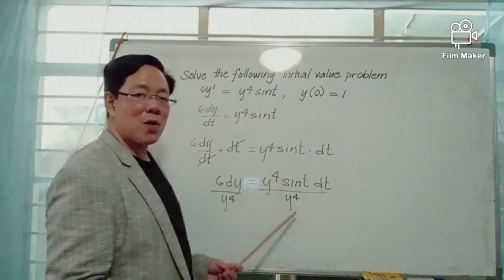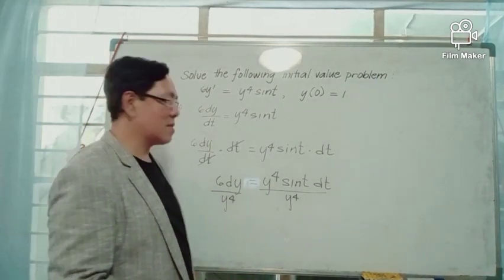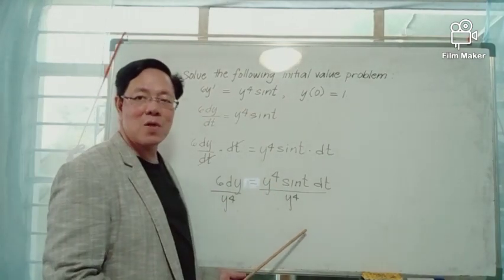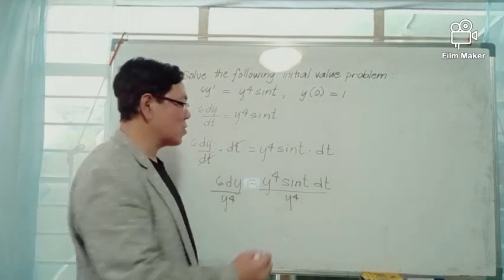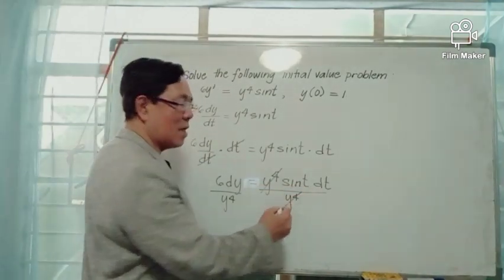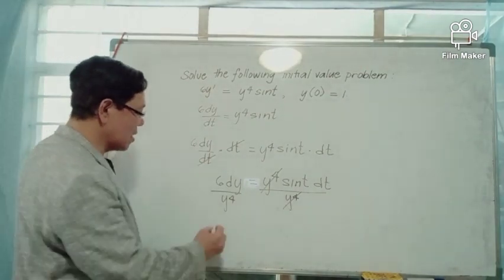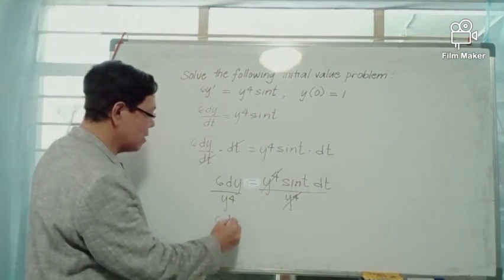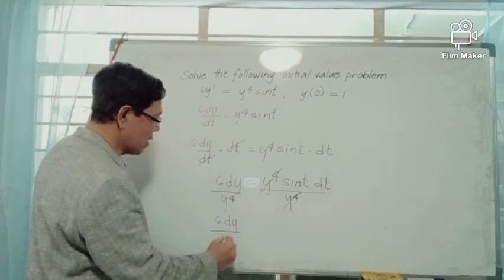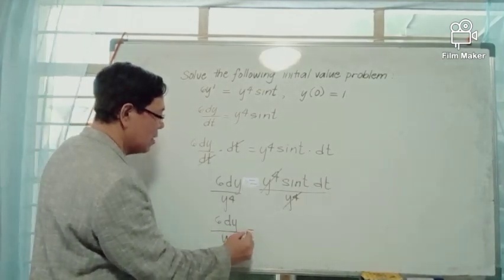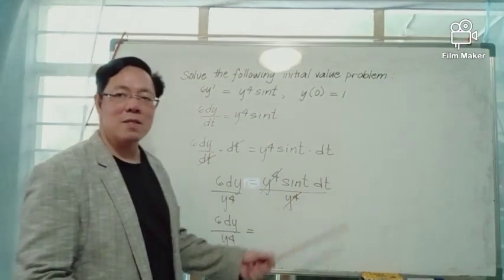And y raised to 4 will cancel out from the right-hand side because y raised to 4 divided by y to the 4 is 1. And here we have 6 dy over y raised to 4 is equal to sine t dt.